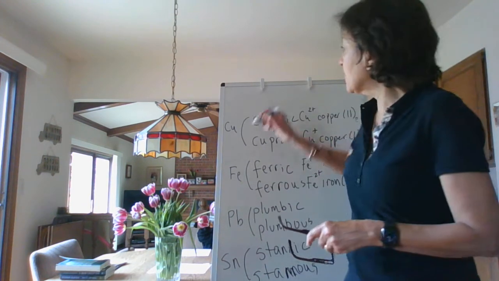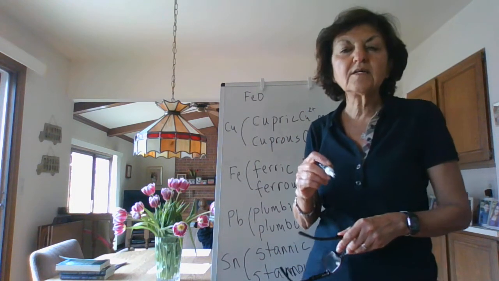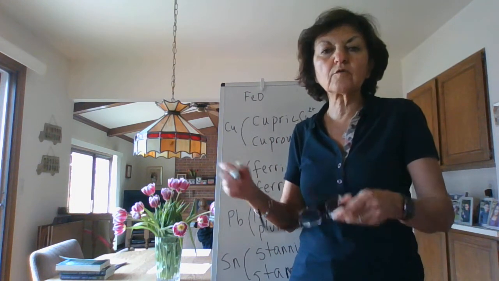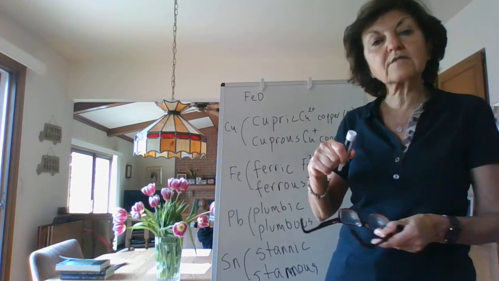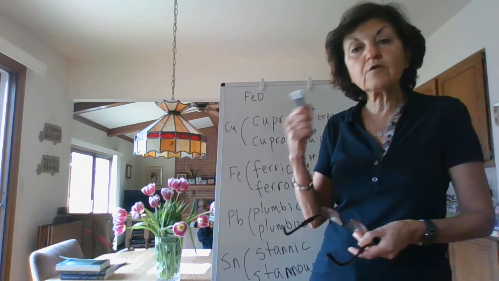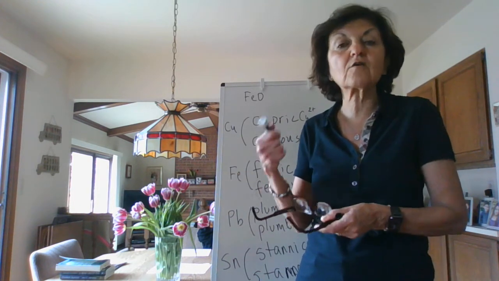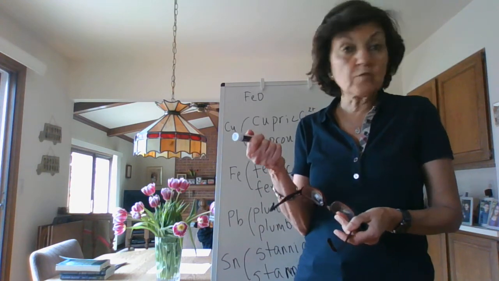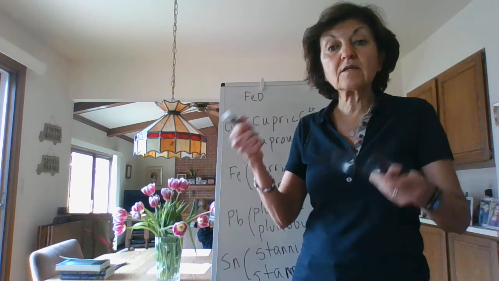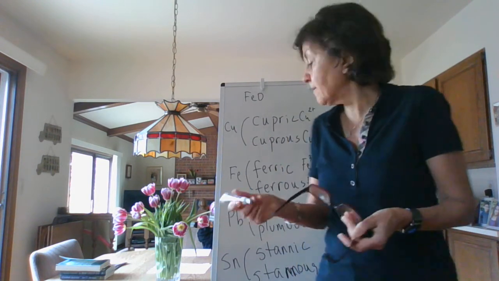So if I had that thing that I had earlier, FeO, instead of writing iron Roman numeral 2 oxide, you could write ferrous oxide, okay? And if you use the term ferrous or cupric or stannous or stannic or plumbic or plumbous, you don't put the Roman numeral. That -ous or -ic tells you instead of the Roman numeral, okay?